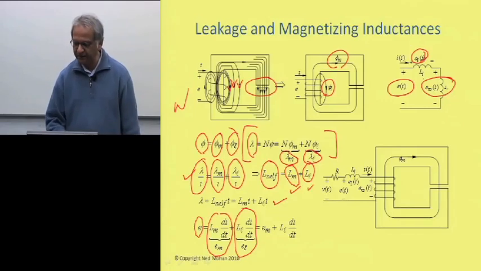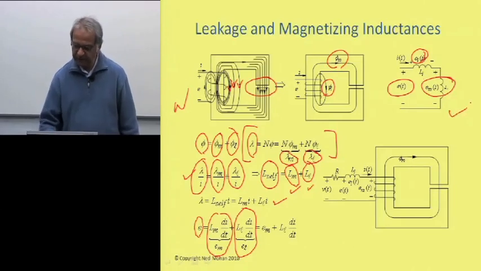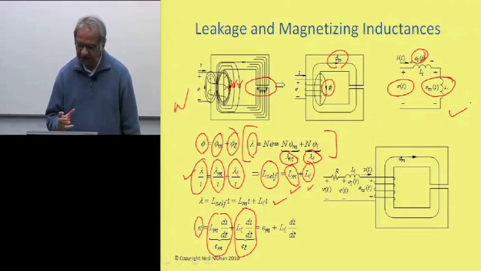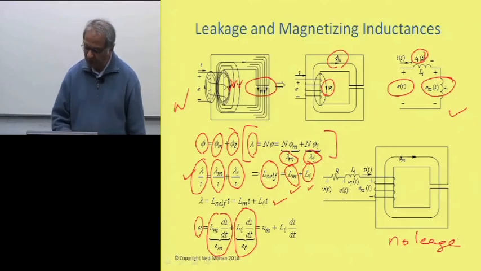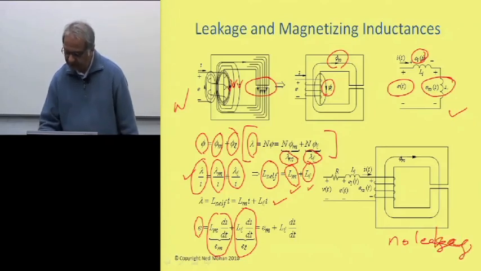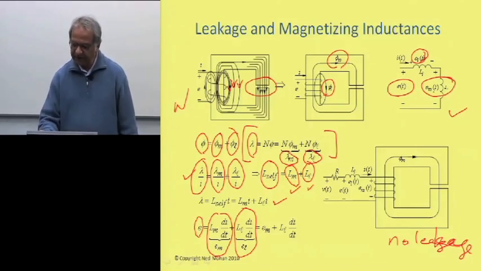So we get this circuit here, and we will understand this equivalent circuit by saying that we take the effect of the leakage out explicitly. So we have this core where there is no leakage flux, because we have taken its effect out explicitly, and this E sub m is shown here, being produced by the rate of change of phi sub m.